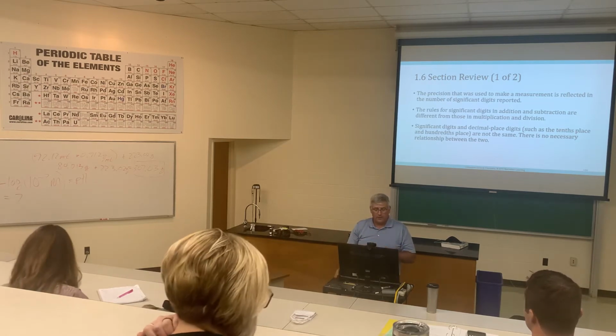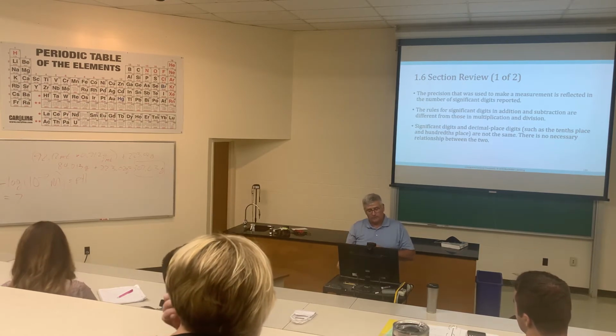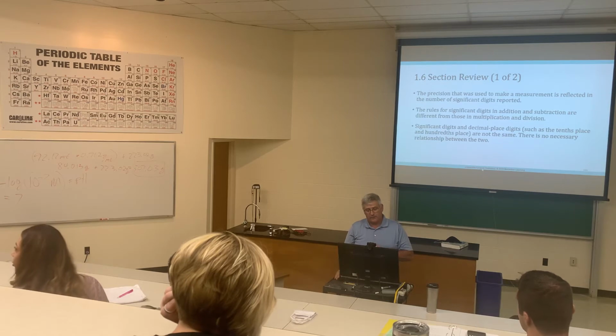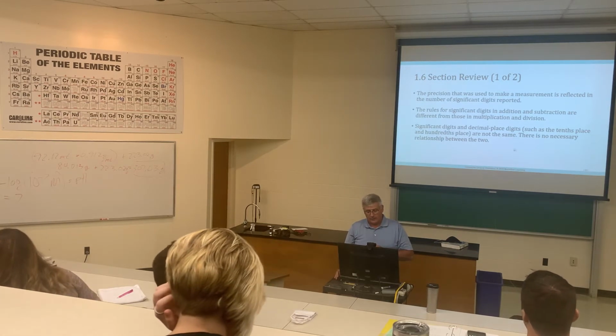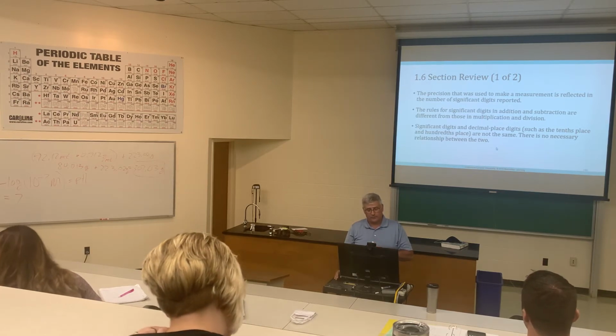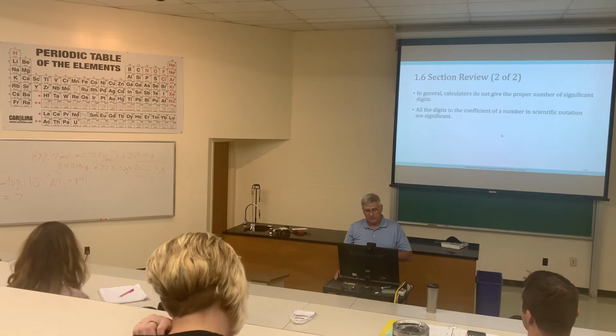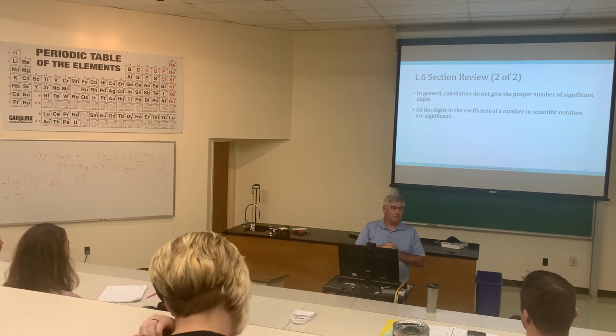And so anyway, the rules for significant digits in addition and subtraction are different from those in multiplication and division. And so significant digits and decimal place digits are not the same. And there is no necessary relationship between the two. And in general, calculators do not give the proper number of significant figures.